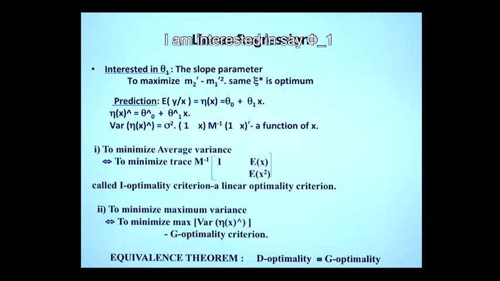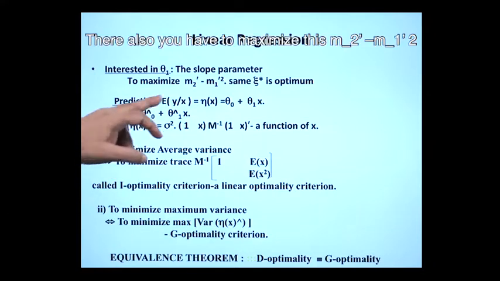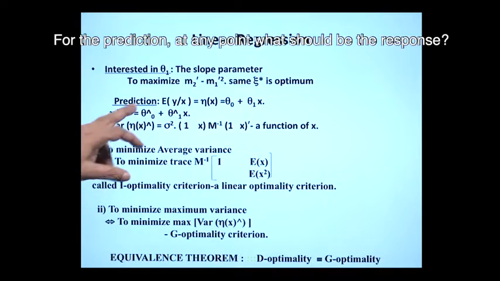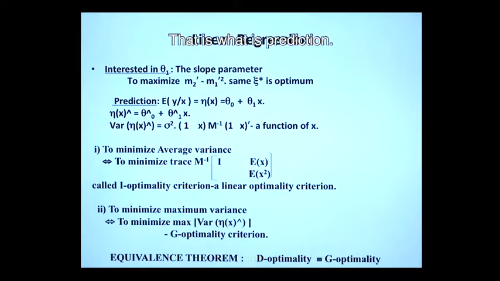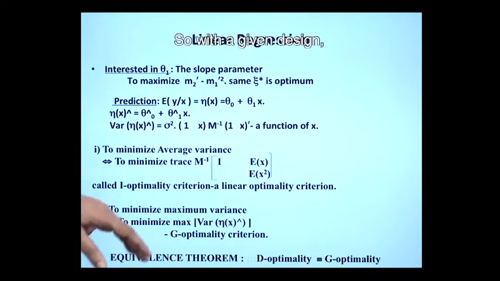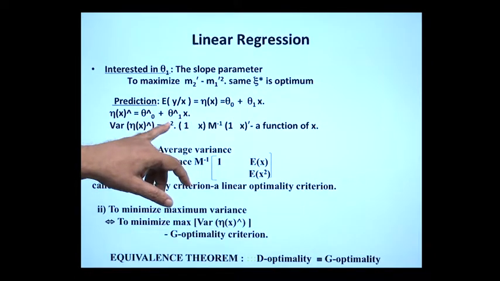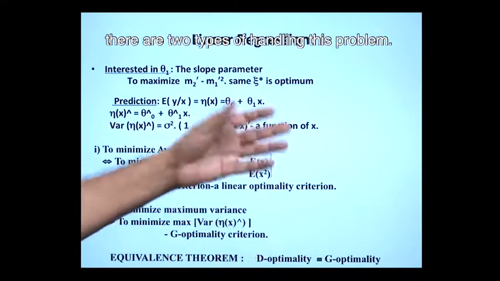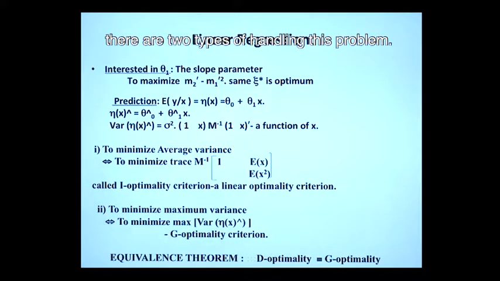And if we are interested in theta 1, the slope of the regression line, there also we have to maximize m2 dash minus m1 dash square, and the solution is the same. For prediction, at any point, what should be the response, that is the prediction. With a given design the prediction is this, the variance is this, and since this depends on x, there are two types of handling this problem.